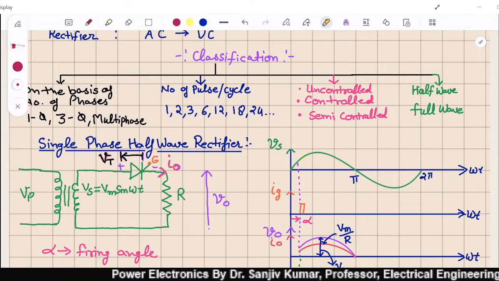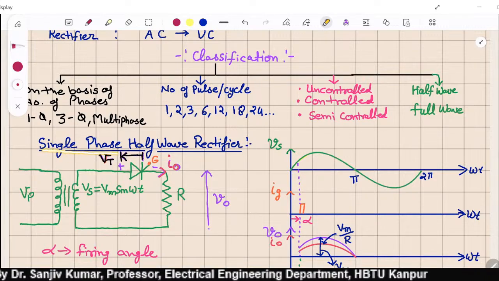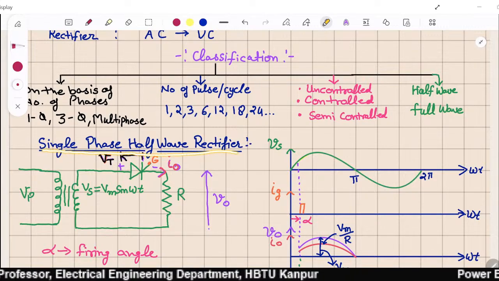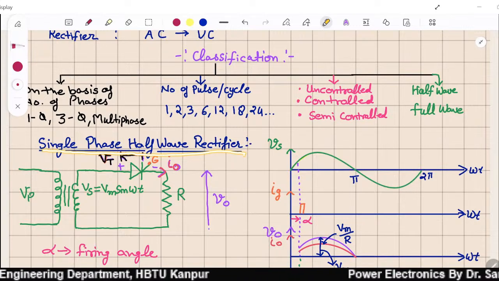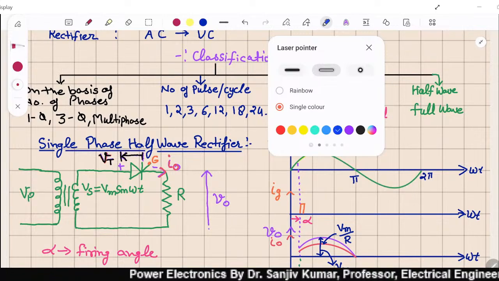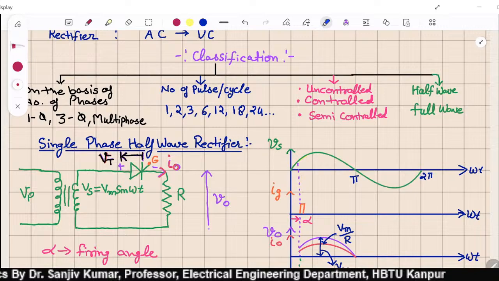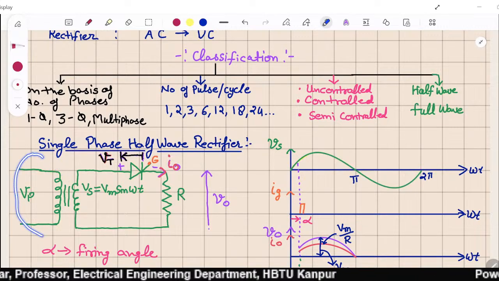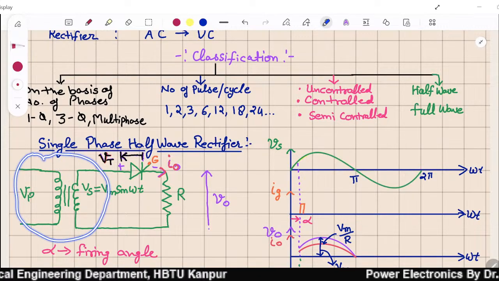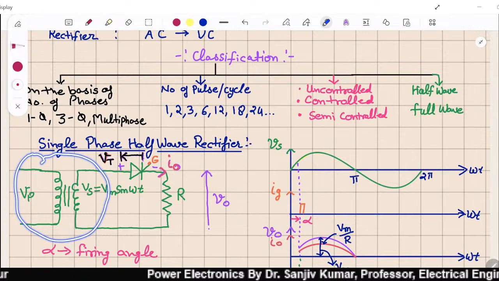The very first topic which we are going to discuss is single phase half wave rectifier. Single phase half wave rectifier, that we are going to study first, right? For that I have considered one transformer, generally a step down transformer is used.